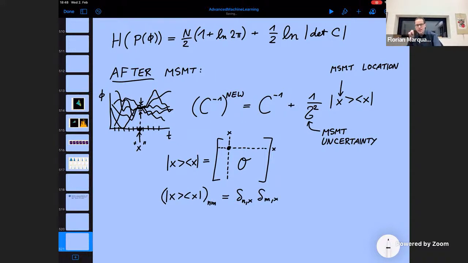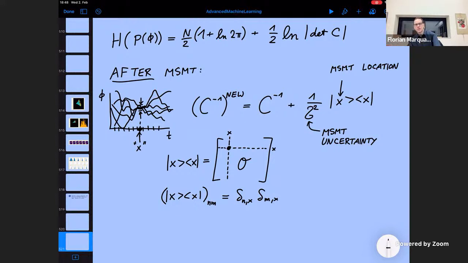One interesting remark here is already, this is independent of the measurement result. The actual measurement result does not enter how the correlation matrix is updated, and therefore it also does not enter how the entropy changes. And that is very nice, because otherwise we would have had to average over the potential measurement results.